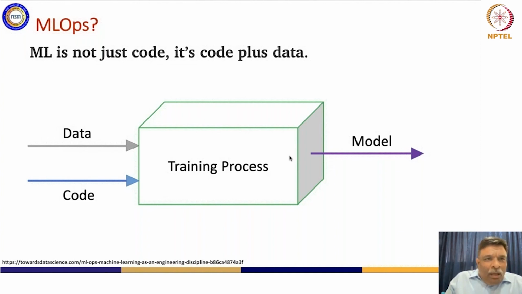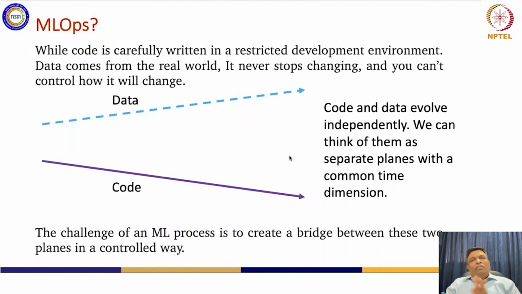Now let us go a bit into detail as to when we say the data is there, the code is there. The code is carefully written in a restricted development environment, while data generally comes from the real world. So let us say you develop a model. You have written your code, created your model, created your software application.